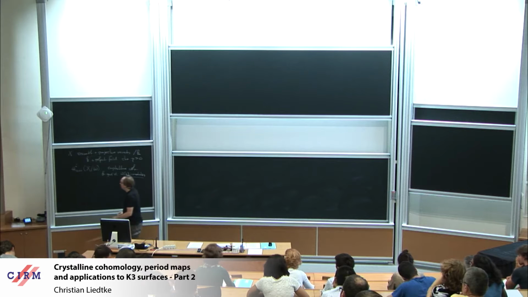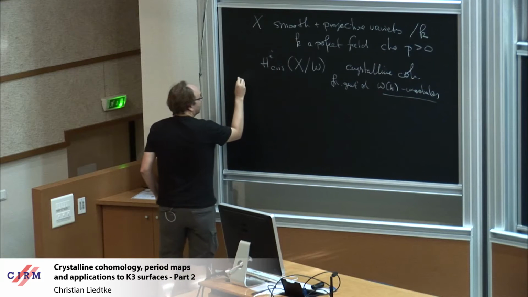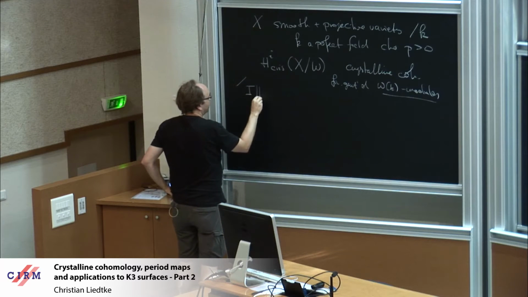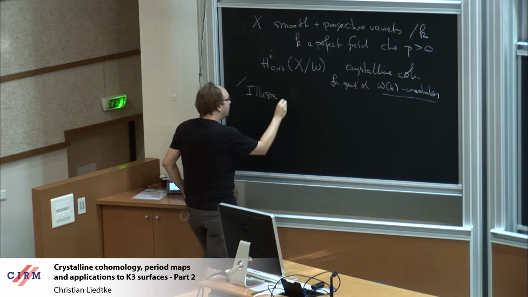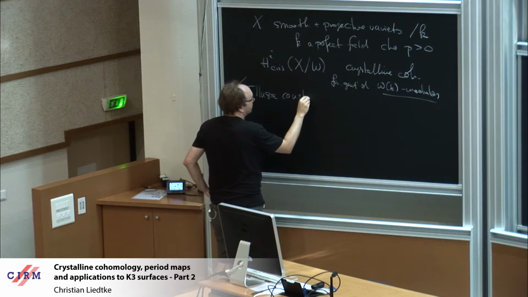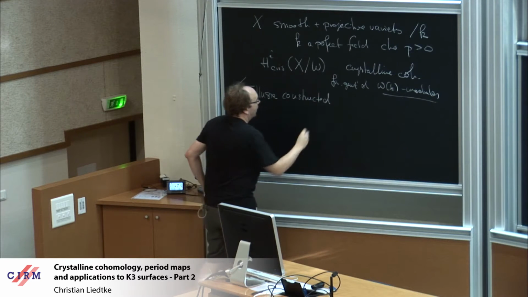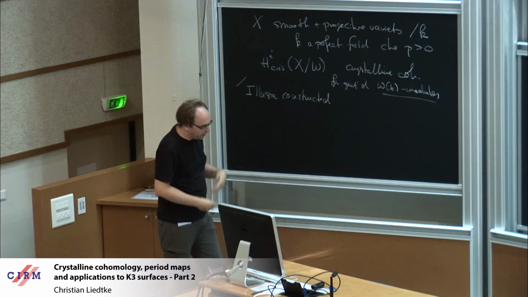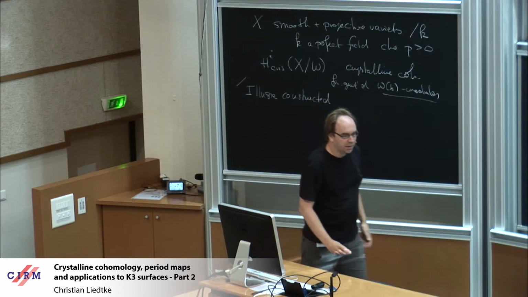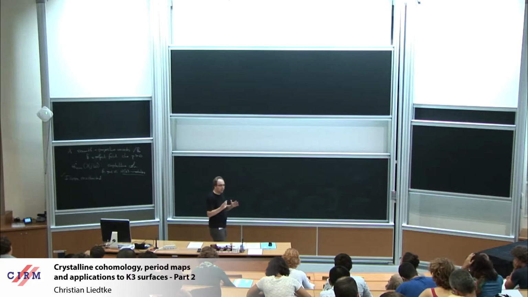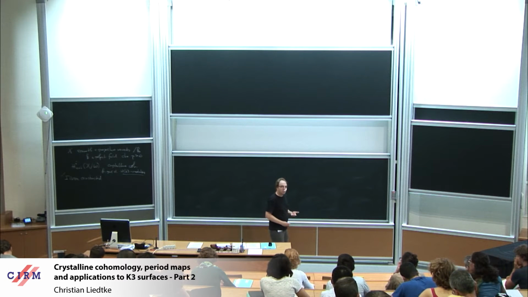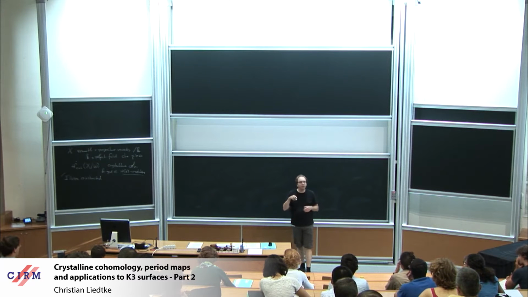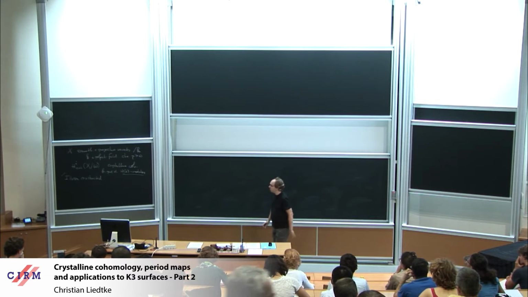And somehow to complement where I was yesterday, let me also mention that Illusie constructed an analog of, I mean, I told you that if you reduce modulo p, there is a universal coefficient formula that relates crystalline cohomology to de Rham cohomology. And in de Rham cohomology, we have this spectral sequence from the H^i Omega^j to de Rham cohomology.